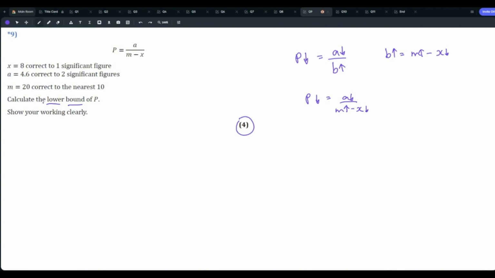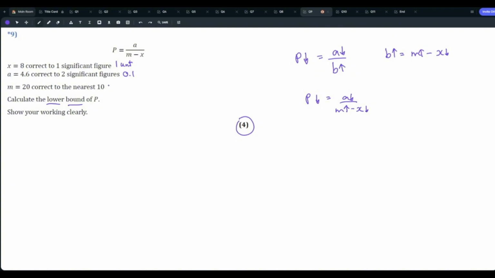So 8 corrects 1 sig fig. Well, 1 sig fig here is just 1 unit. Okay. 4.6 corrects 2 sig fig. Now, the second sig fig is the 1 decimal place. So it's the nearest 1 decimal place, which would be 0.1. 20 corrects the nearest 10. Well, the nearest 10 is just a tens column, of course.